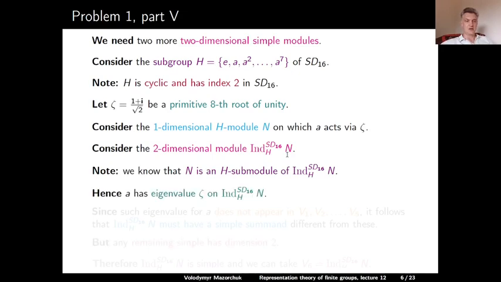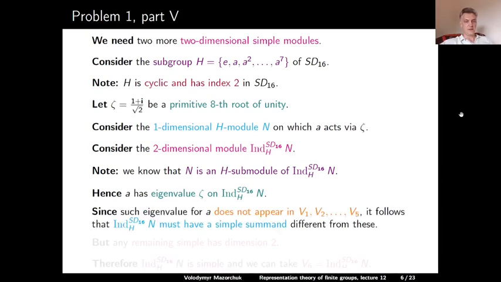So in particular, it follows that our primitive 8th root of unity zeta is an eigenvalue of A on the induced module. We know that this eigenvalue does not appear in any of the simple modules V1, V2, V3, V4, V5, which we constructed before.